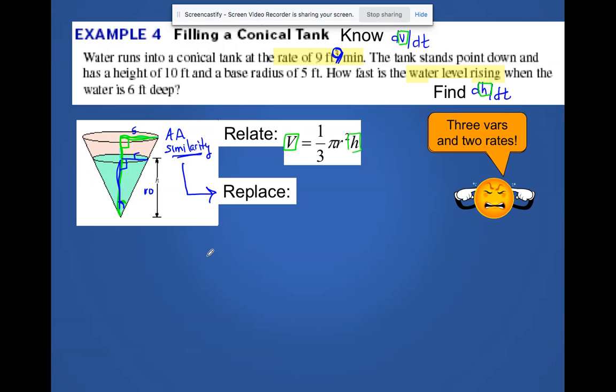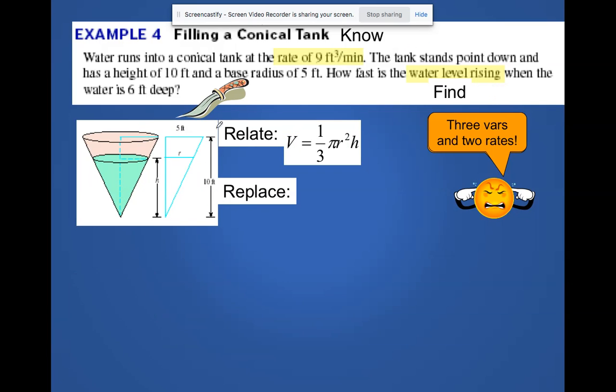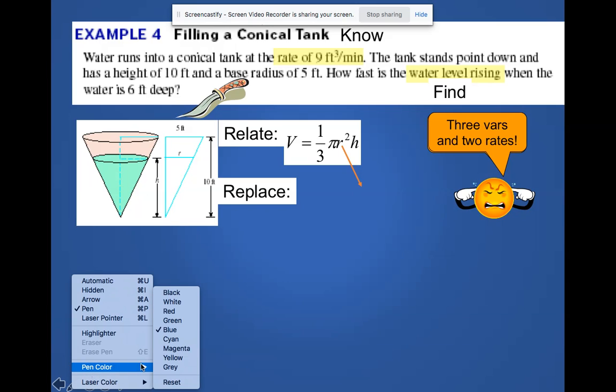This is the situation that AP is going to test you on replacing. It's going to be with the cone problem, and you're going to need to know this relationship. So it is a little bit of a dagger, but this is the angle-angle similarity relationship. As long as you know that, you can replace that r.